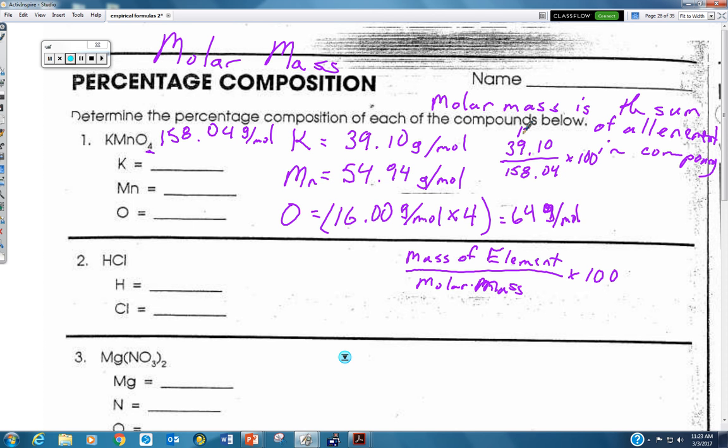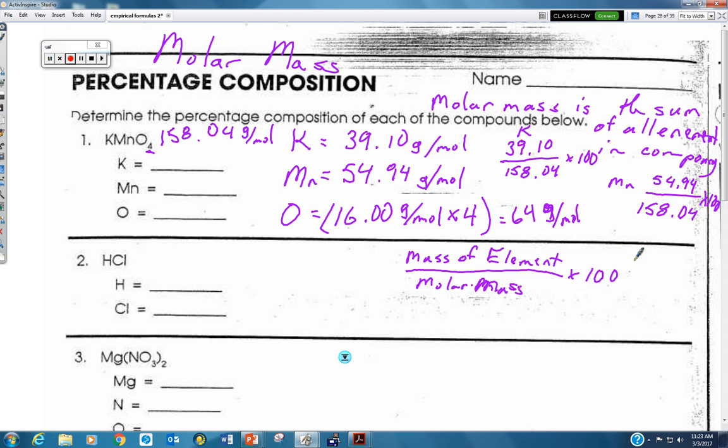That is for potassium. For manganese, it's going to be 54.94 divided by 158.04 times 100.